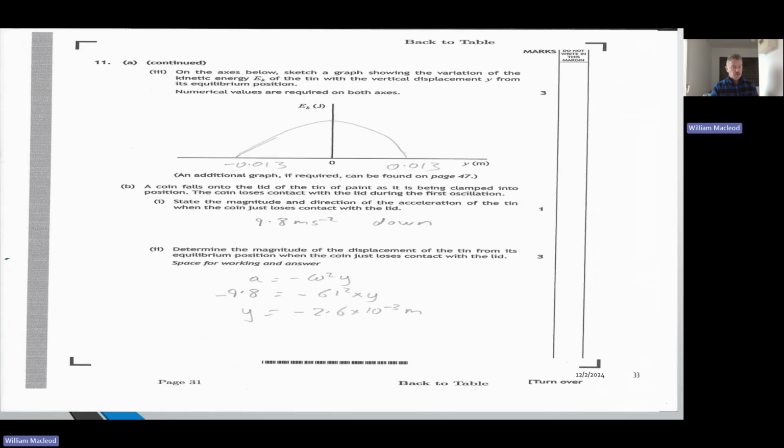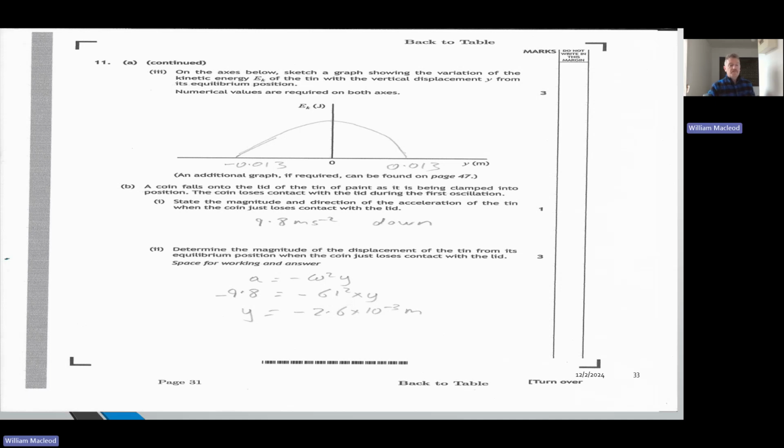Right, pushing on. On the axis below, sketch a graph showing the variations of the kinetic energy of the tin with the vertical displacement from the equilibrium position. So in that one, you know that the oscillation amplitude is 0.013 meters.